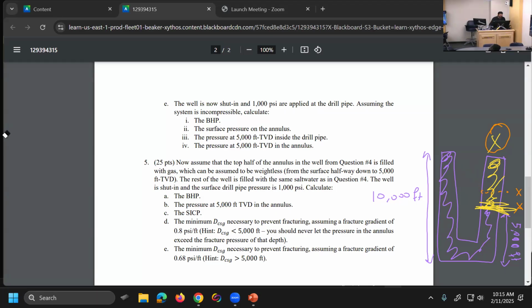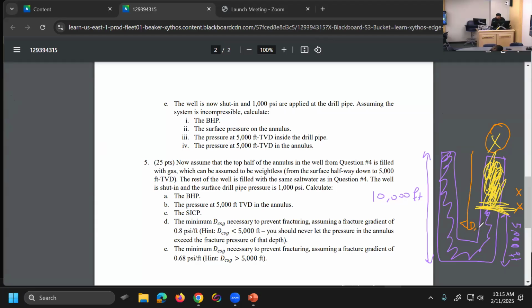I have a different mud weight, fracture pressure, excuse me, and it's in between. Let me draw. This is all yellow. Yellow doesn't weigh anything. dCSG now is here.